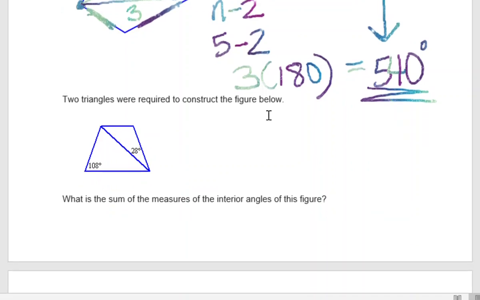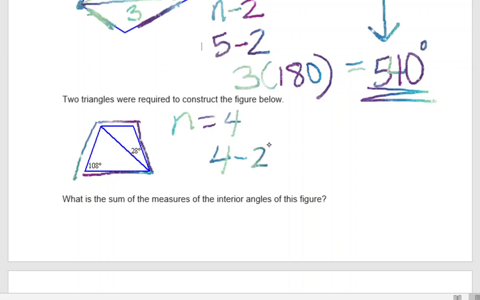And one more example, if we have 2 triangles we're required to construct the figure below. What is the sum of the measures of the interior angles of this figure? So let's just count the sides of this figure. 1, 2, 3, 4. N equals 4. 4 sides minus 2 is 2.